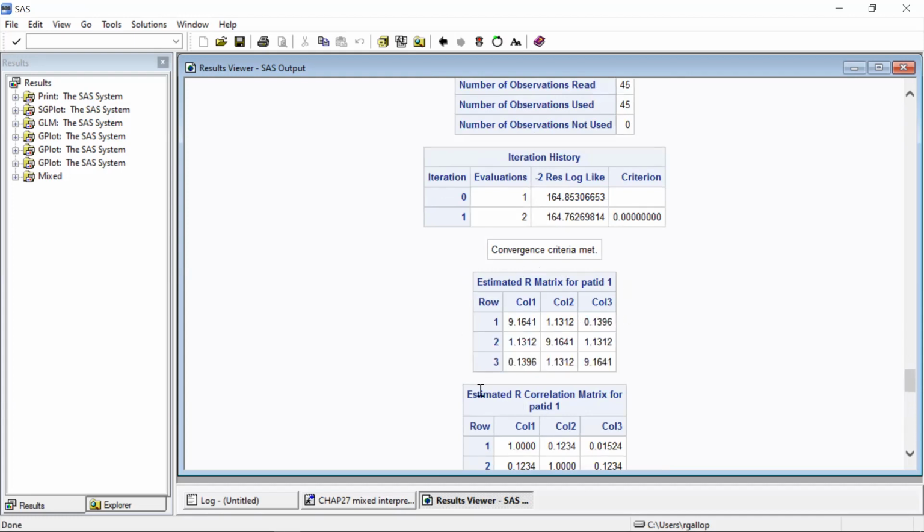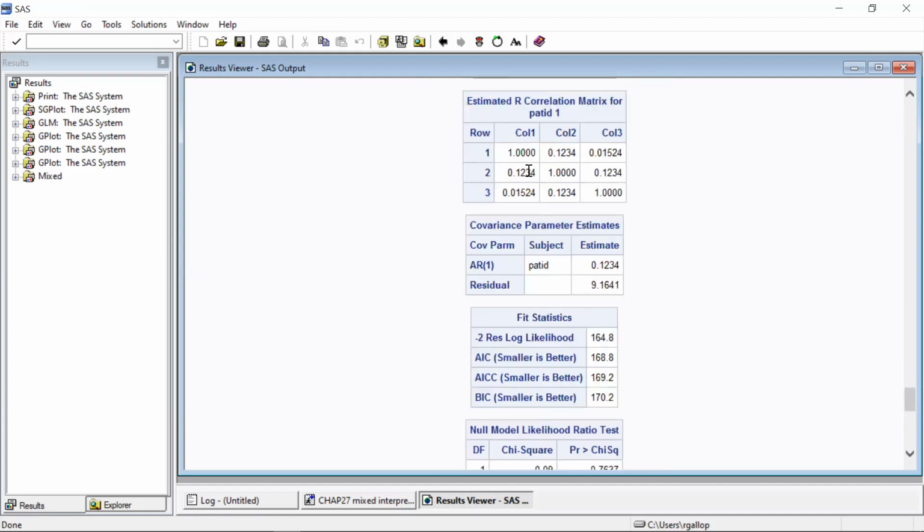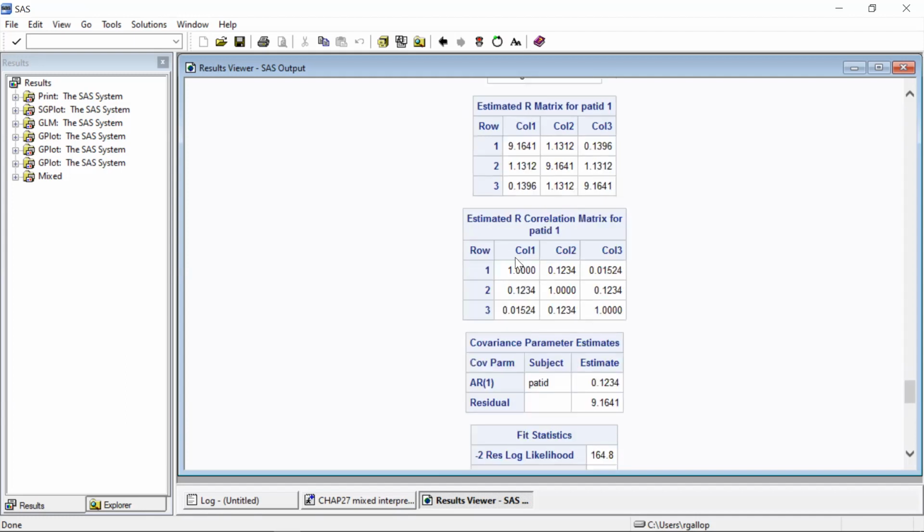So R gives us the variance covariance matrix, and the R core puts the variance covariance matrix into a correlation matrix. Like we saw with the random effects, we're assuming that the variance covariance matrix is this form for all 15 of the patients.